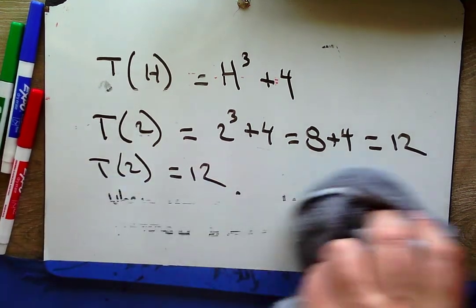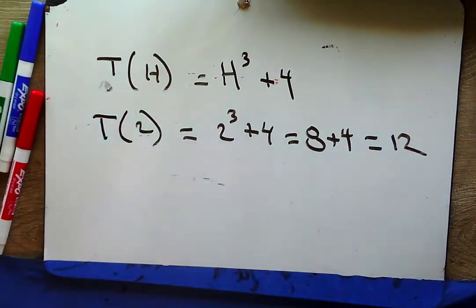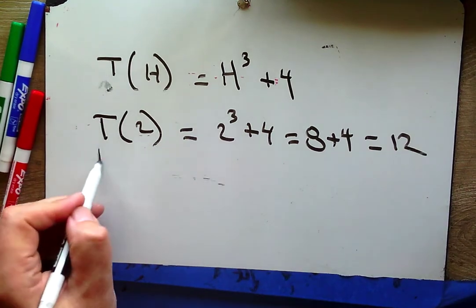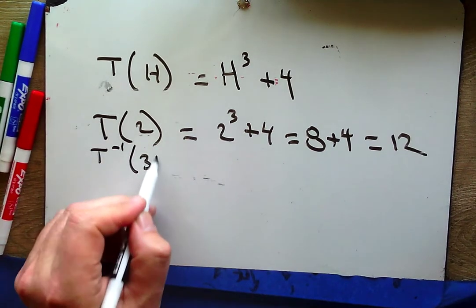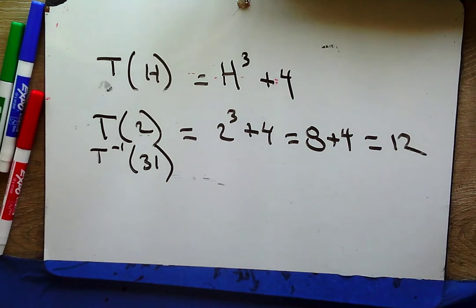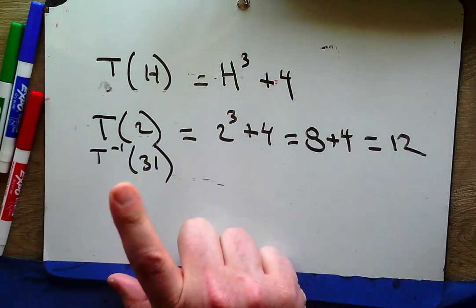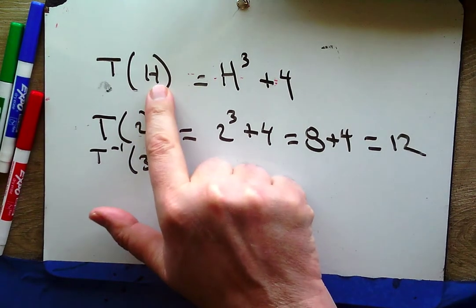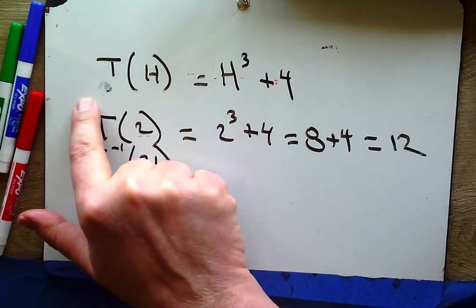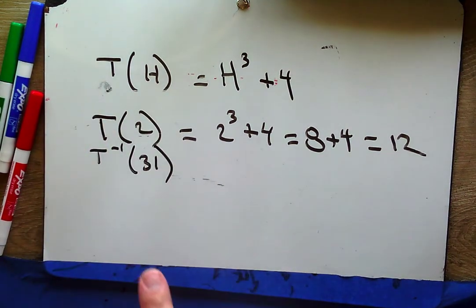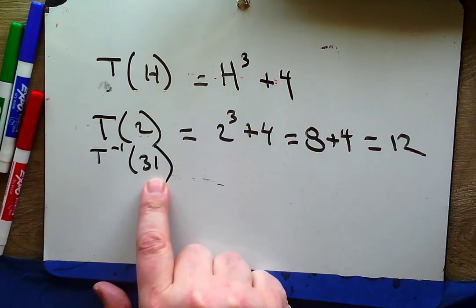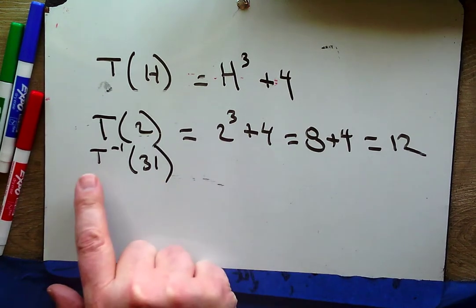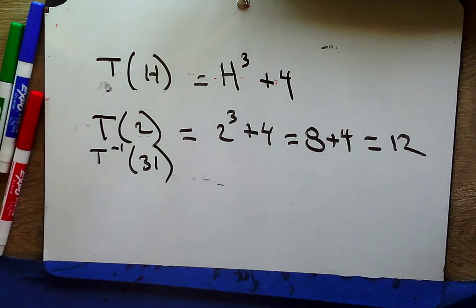But what if I change this now to be, hey, t inverse of 31. Are these hot dog bites or are these tail wags? On the original function, I plugged in hot dog bites, I get out tail wags. On the inverse function, that's got to be tail wags. And I'm looking for how many hot dog bites.